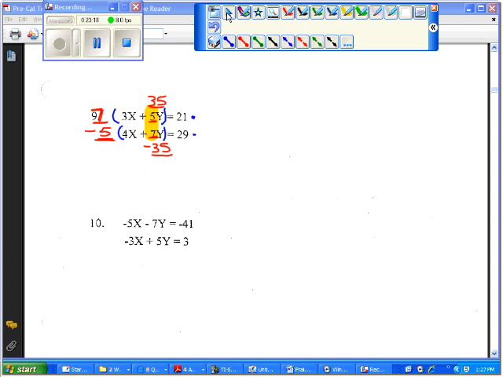Negative 5. Now, don't try to memorize that these things out here are the same sign or different signs. It depends. The 7 and 5 outside, they could both be negative. They could both be positive, one negative. There's no magic trick to that. When we ask the question 5 times what, that's how we know what goes there. When we ask 7 times what, that's how we know what goes there.